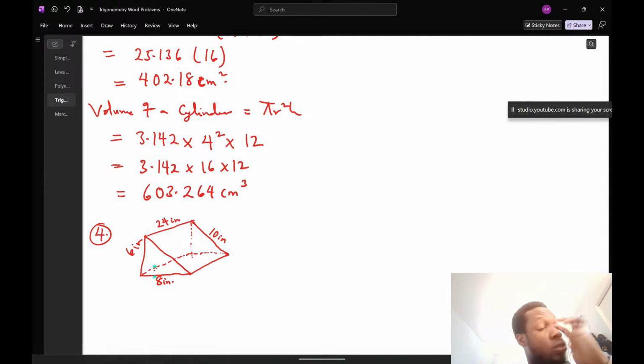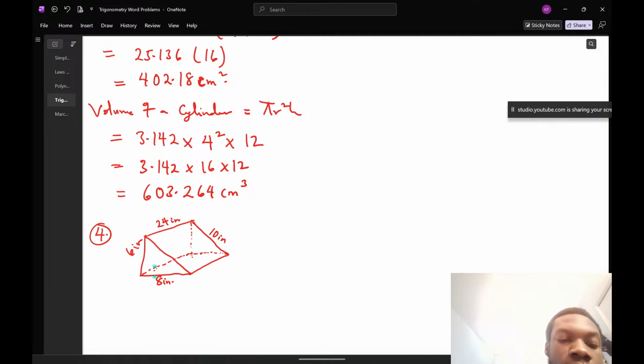So if we want to dissect it, it's like two triangles side by side like this, and it looks like a parallelogram between them. So that's the case for this shape.